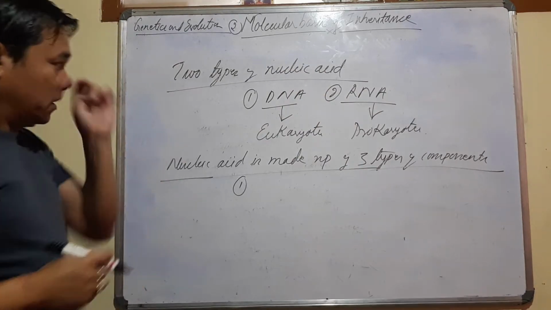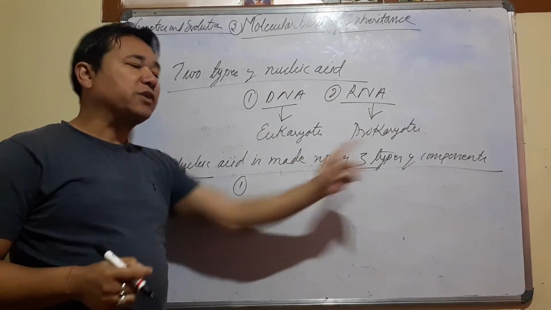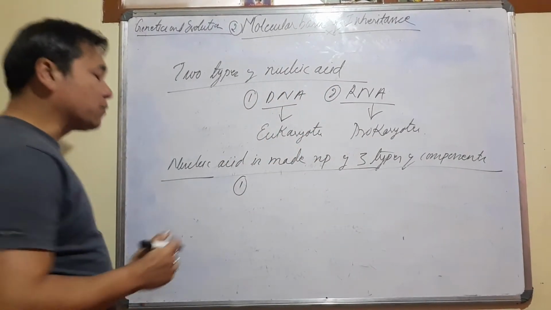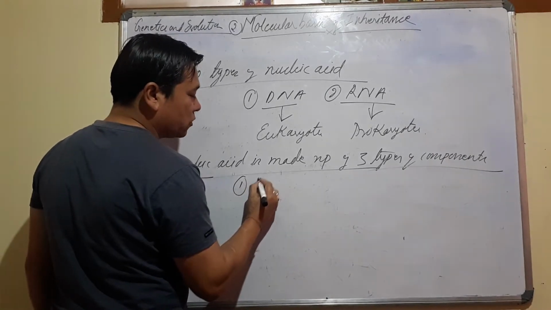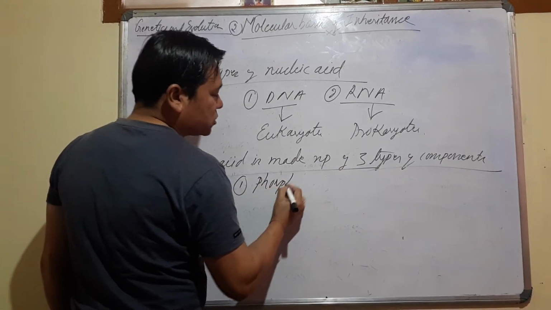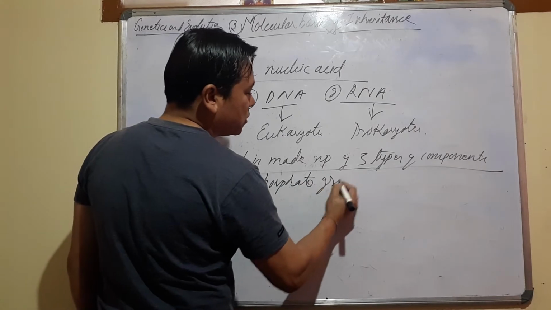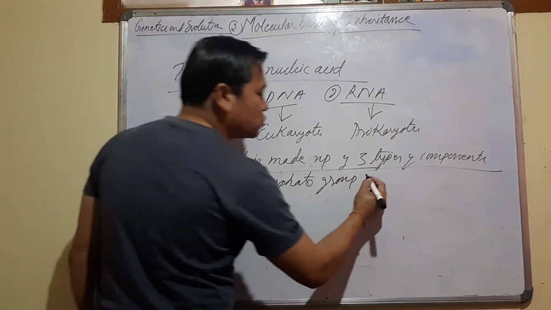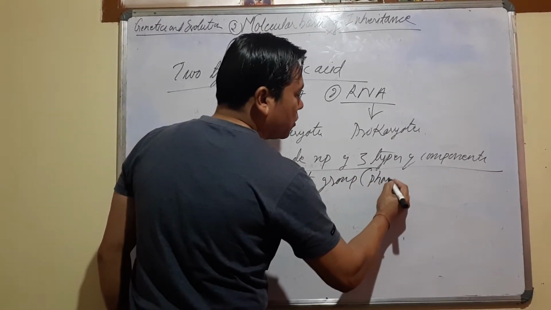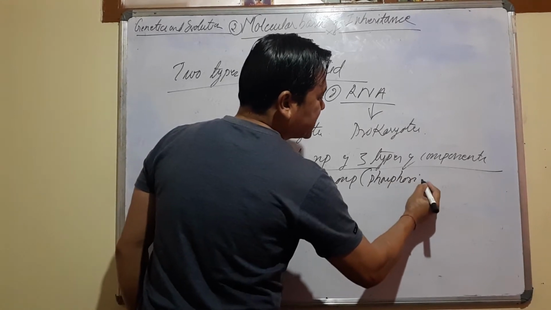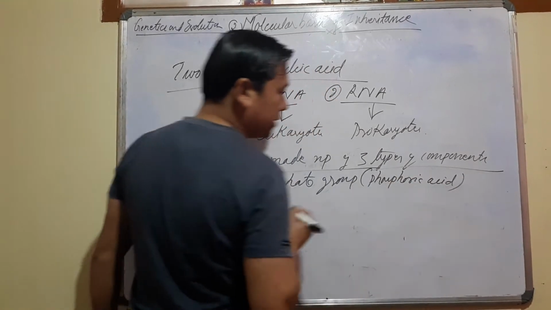What are the three types of components? First one is phosphate group, and it is also called as a phosphoric acid.